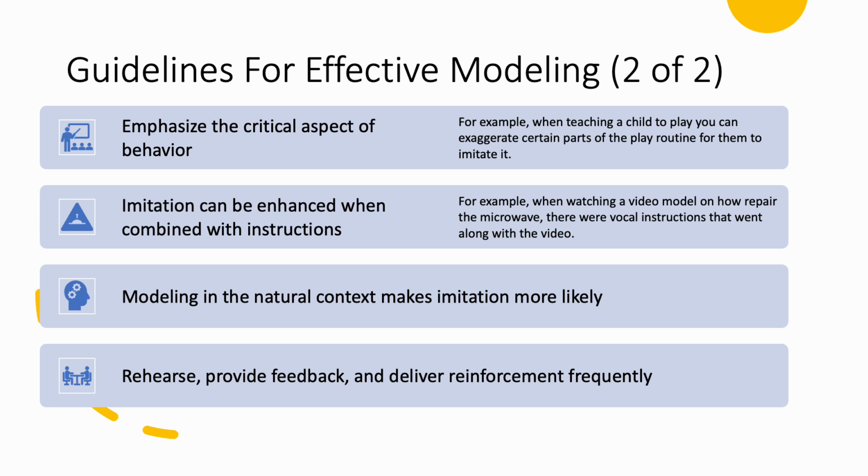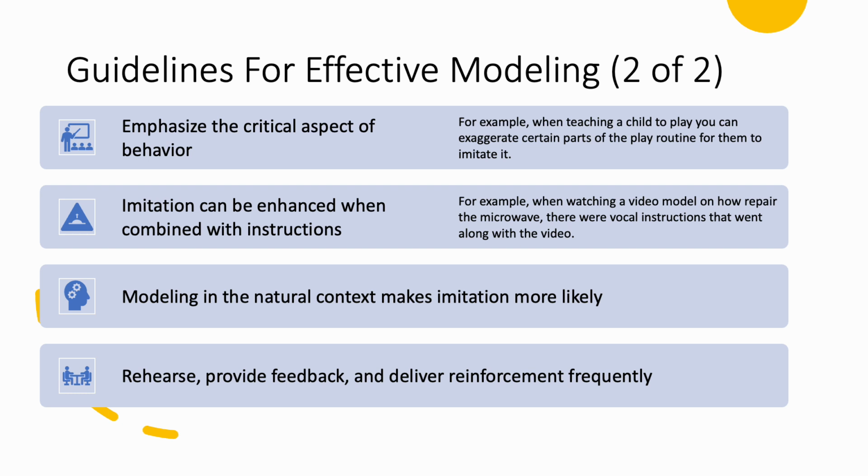And then, of course, imitation is always going to be enhanced, just like many other skills are going to be enhanced, when you rehearse. So you can rehearse a skill with the learner several times. You can practice with them. Okay, this is how you would do this particular skill, and then you could show them what that particular skill would look like, and then have them practice.